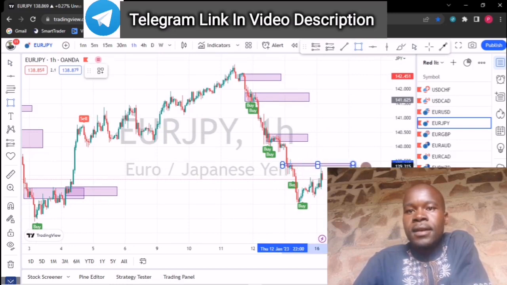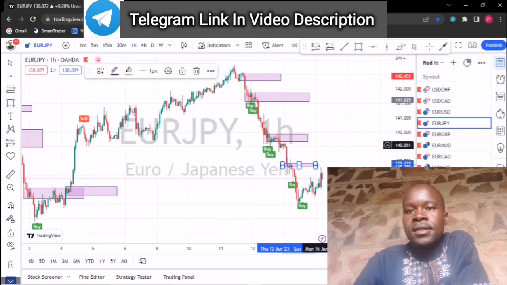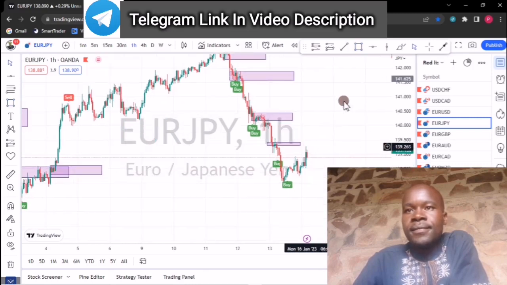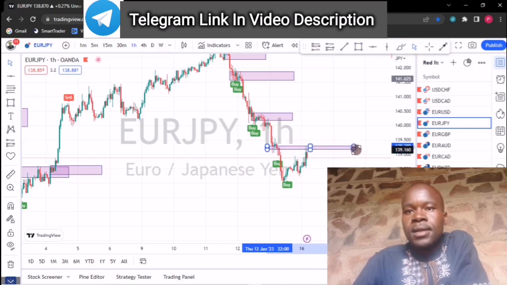The key level before that was this. It didn't cross. And now we have this buy. The key level just before this one, I can say it's still this. Okay, it's still this one.